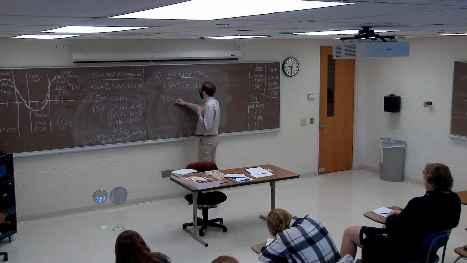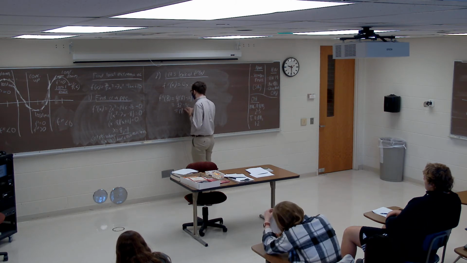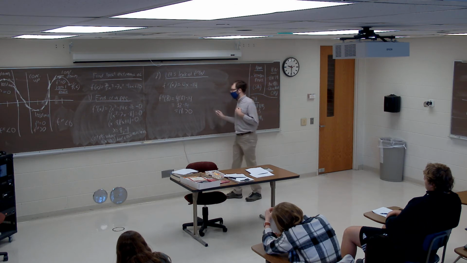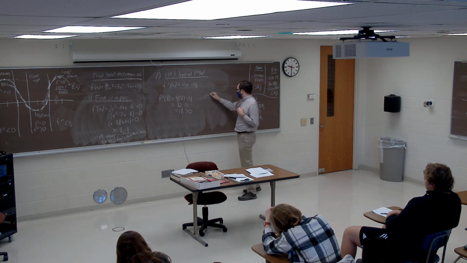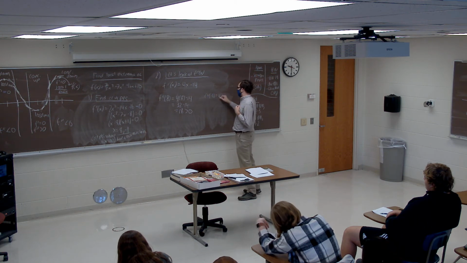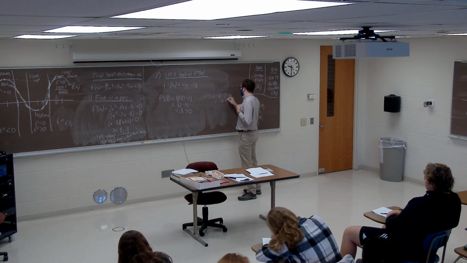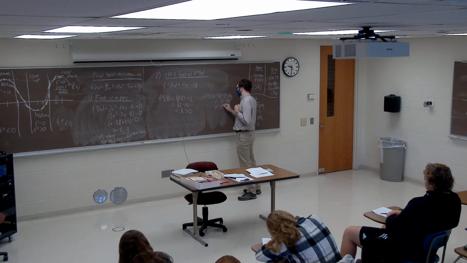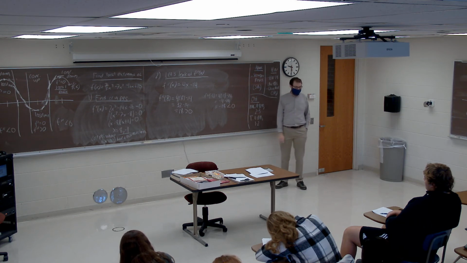That'll give us 4 times 8 minus 14, which is 32 minus 14, which is 18, a positive number. And if we plug in negative 1, we get 4 times negative 1 minus 14, which is negative 18, which is negative.